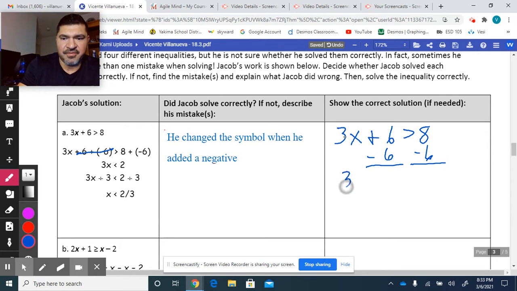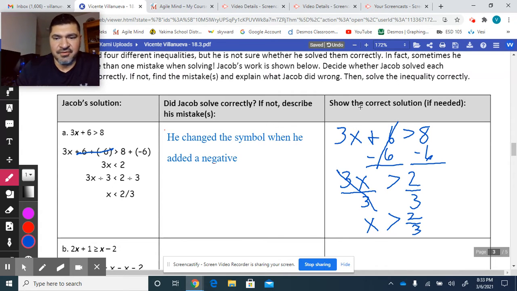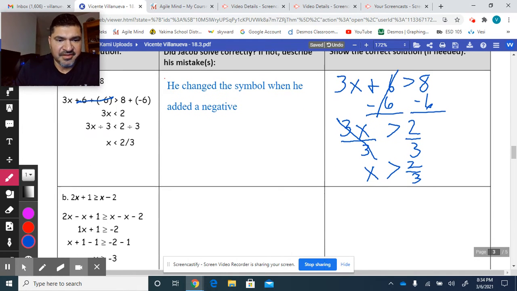And we end up with 3x, this will cancel, is greater than 8 minus 6 is 2. Our next step is to divide by 3. And we end up with x is greater than 2/3. Okay, there is no need to change the sign whatsoever. Okay, let's go ahead and take a look at the next problem here.